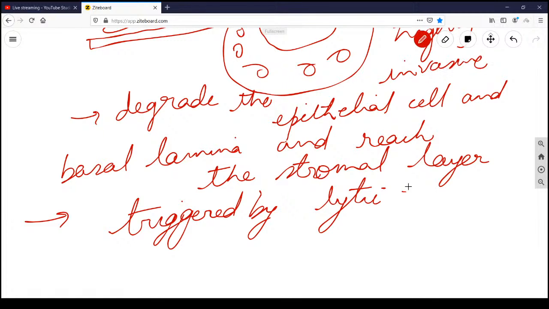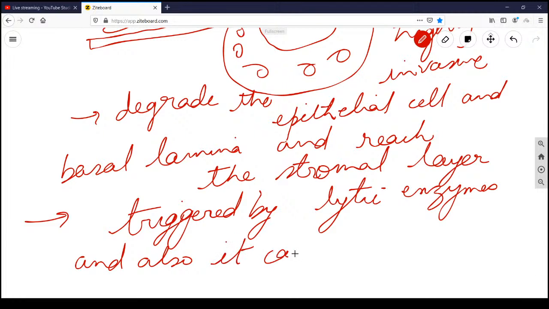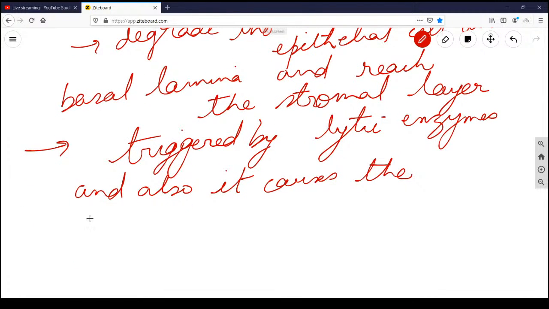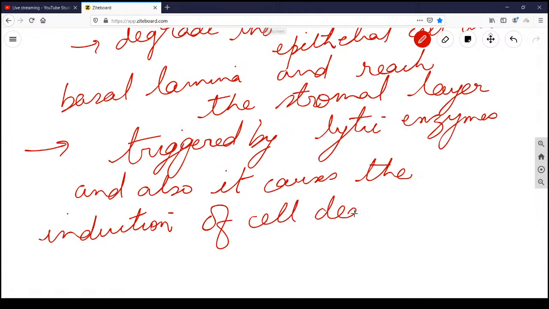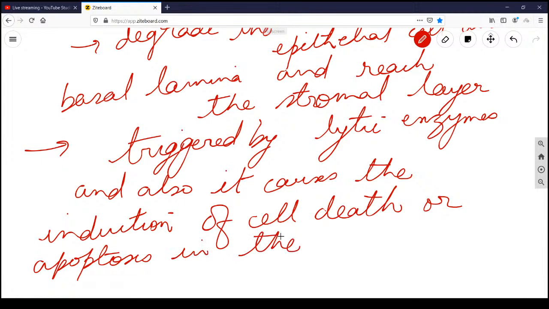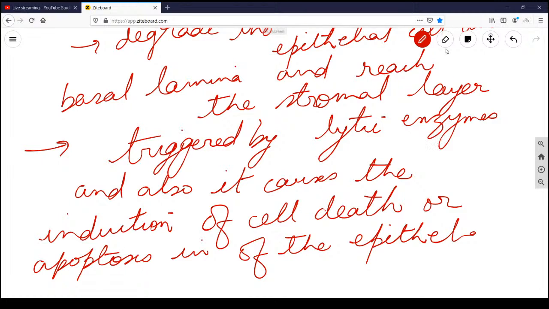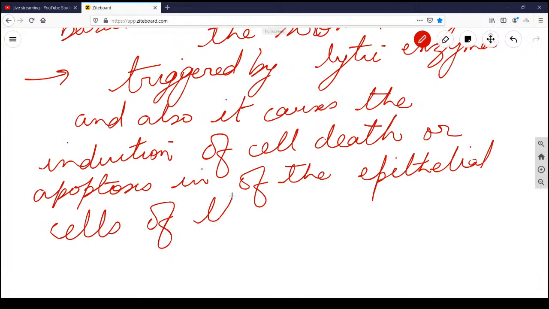Some lytic enzymes are matrix metalloproteases, but those are not in your course. I'll just write lytic enzymes, and it also causes the induction of cell death, or apoptosis, of the epithelial cells of the endometrium.